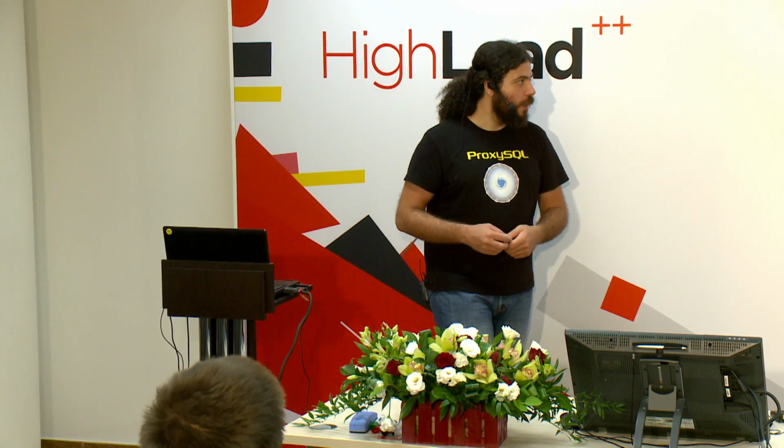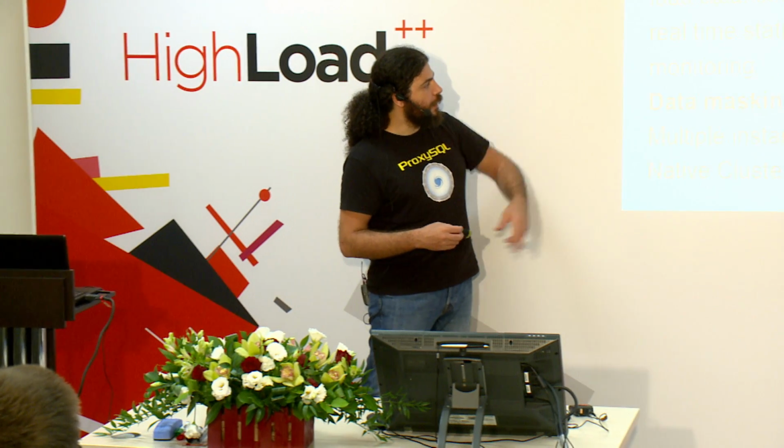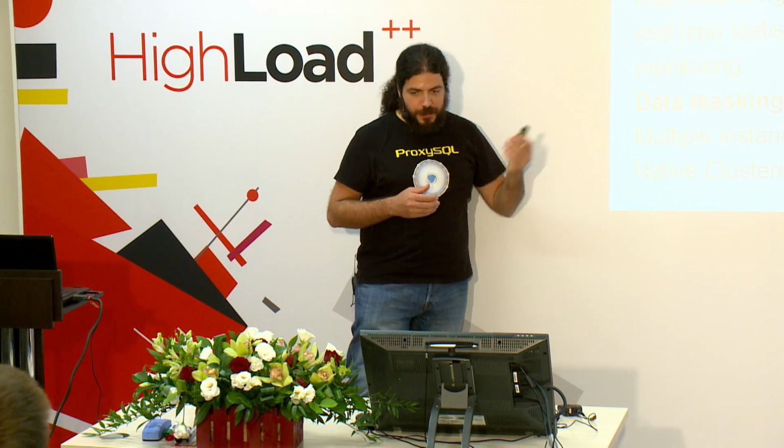How would I be able to debug what exactly happened with my query? There is some data that is being exported, for example in the real-time statistics. One of the things you get there is how many times that specific rule has been hit, so you know how many times the rewrite happened.